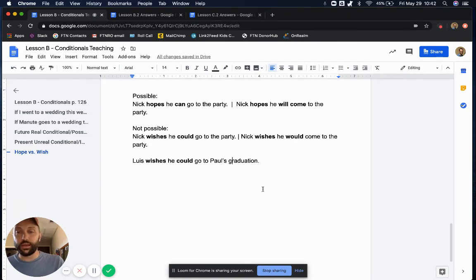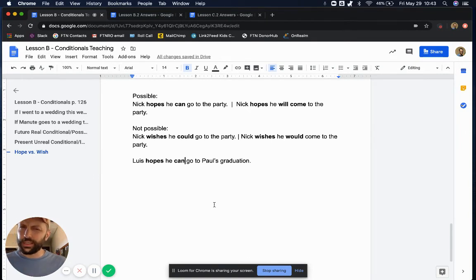Now, if we change that, just for fun, if we needed to make this hopes, Luis hopes he could go to Paul's graduation, we would have to change could too, right? Hopes he can go to Paul's graduation. Maybe graduation is at 10 o'clock in the morning, and maybe Luis works during the night, but he's done at 8 a.m.